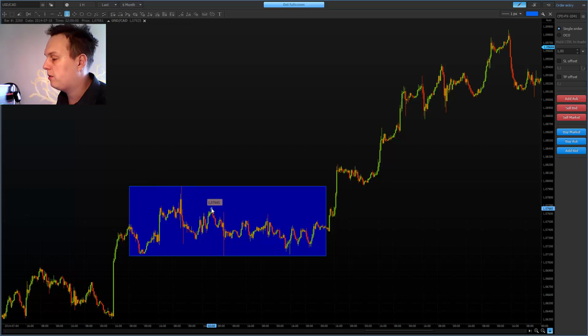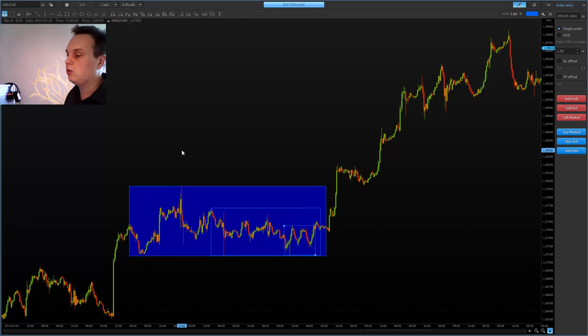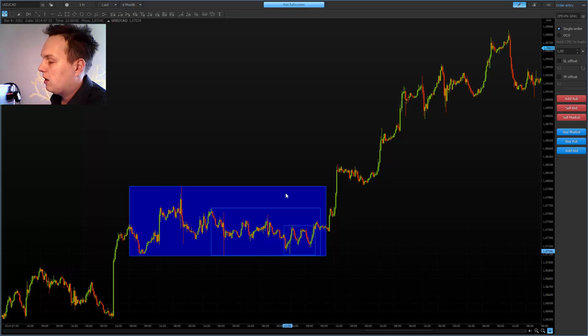So there are different methods of drawing supply and demand areas. Some of these methods treat the whole range of our consolidation, of the underlying range, as a source of supply and demand, as a supply and demand zone.